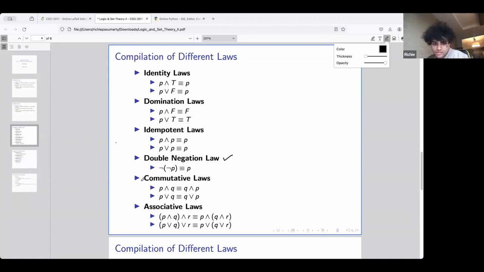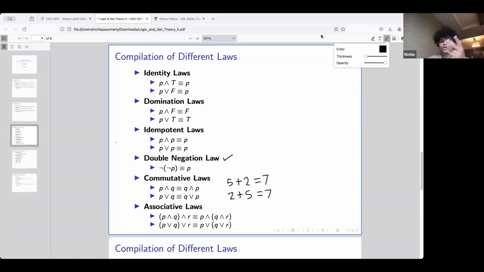Now let's look at the commutative laws. These laws are also pretty obvious. So I'll give you an analogy first. For example, when I have two numbers, let's say 5 and 2, and I want to add them, I'm going to get 7. Now, I can also do it the other way around, and I can do 2 plus 5, and I'll also get 7.